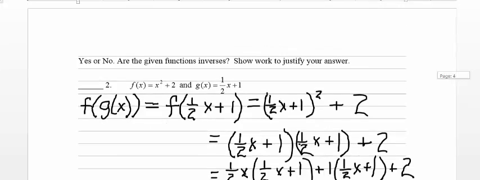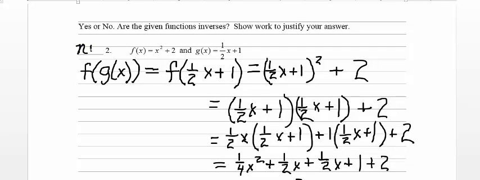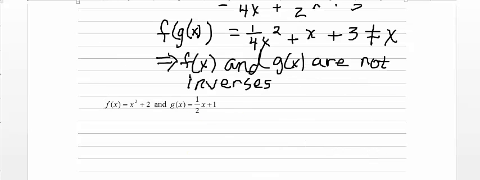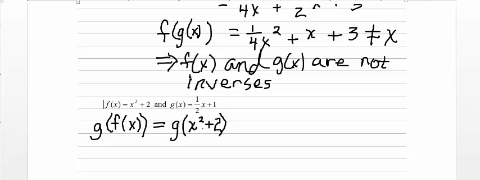One of the things I want to point out is I'm actually done. I can answer the question. It would have been easier, however, if I would have done the other. I only need to do one of these because as soon as I see f of g of x is not x, I'm finished. But if I had computed g of f of x first, that would have actually been easier to compute.